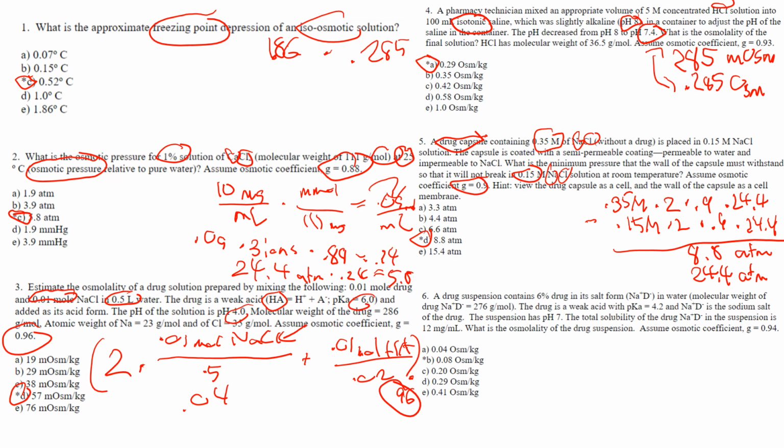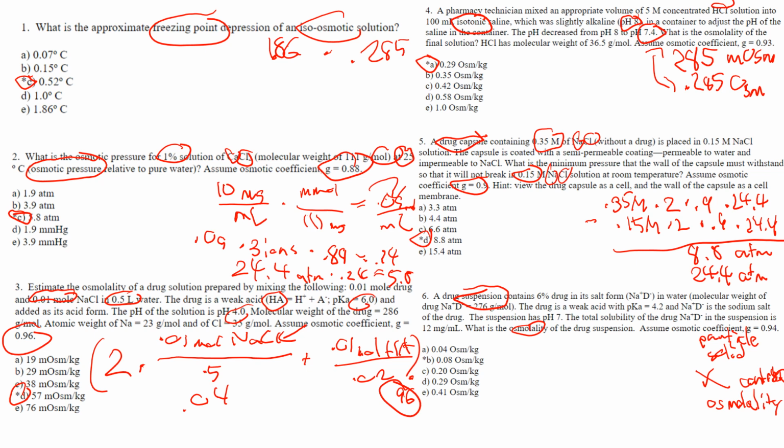So for this final problem, not too bad, again. Essentially, the key to this is being able to recognize, in order to find the osmolality, we need to be able to recognize two things. And the first thing is that this is a drug suspension. And anything that is a particle or a solid in a suspension does not contribute to osmolality, right?